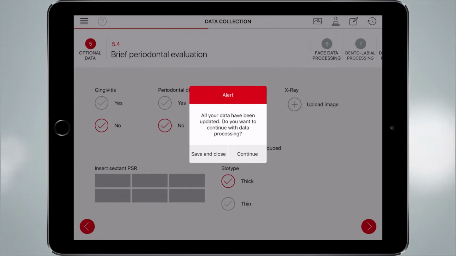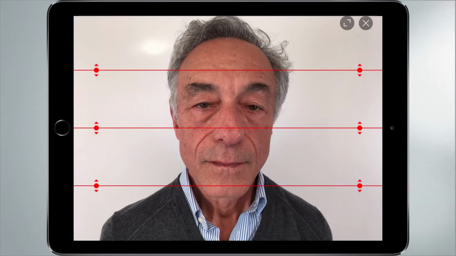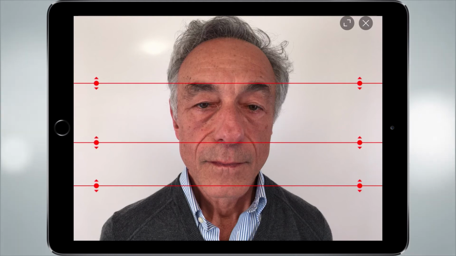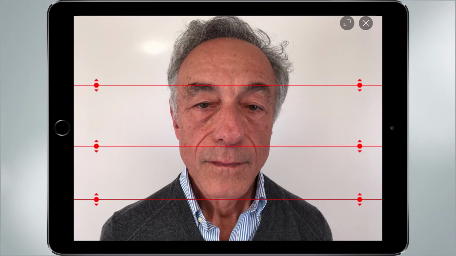But in this particular case, of course, you want to continue, and now we have the chance to analyze the patient step by step, even though the patient has already left. So you can enlarge the image, and you can measure. You can move your finger to optimize the situation here. And you see if the lower third is more or less in a proper position in comparison to the other part.